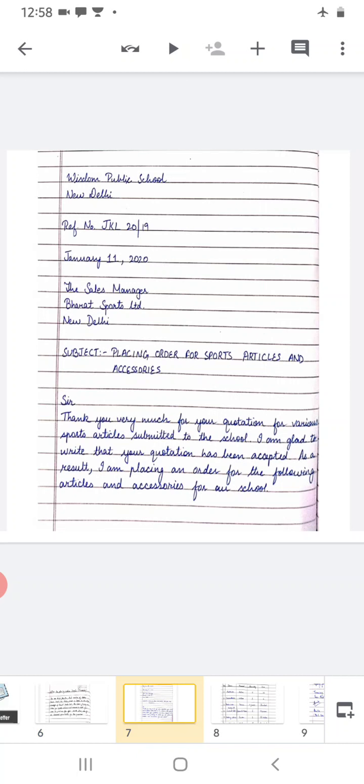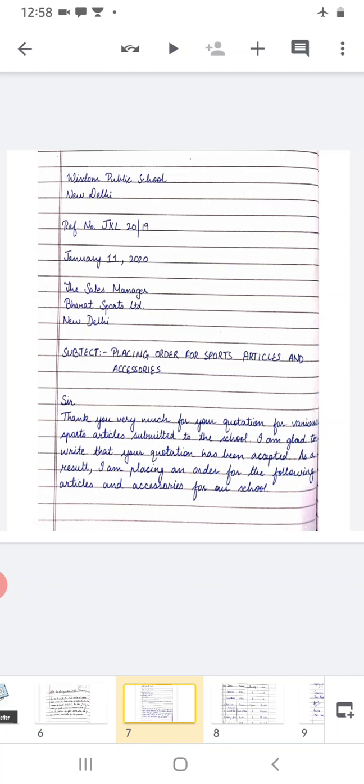So this letter is in continuation of some previous letter that you have sent to him or received from him. This reference number is of that previous letter, in continuation of which you are placing the final order to that person, to that firm, to that shopkeeper.